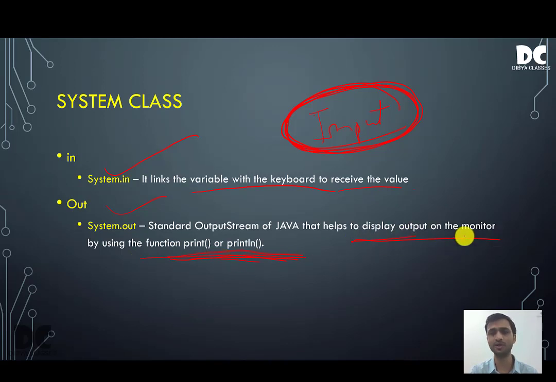Where do you display the output? In your monitor, on your system screen. It is called the standard output stream of Java. What is an output stream? There is also an input stream. We'll study them in the next part of our video. In Java, System.out is called the standard output stream.